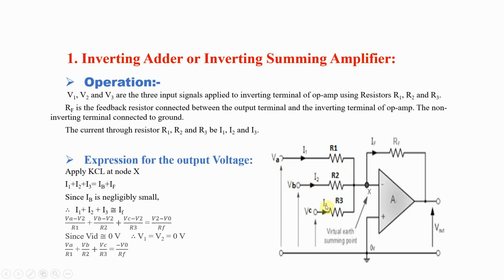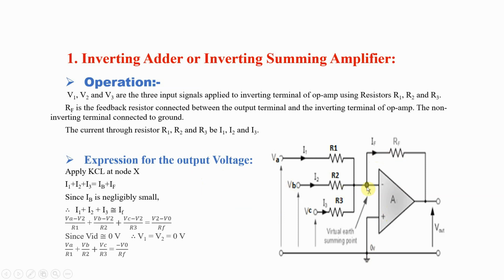I1, I2, I3 are the currents flowing through the resistors R1, R2 and R3. IF is the feedback current flowing through the resistor RF, and the non-inverting terminal is connected to the ground. Then see the expression of the output voltage.